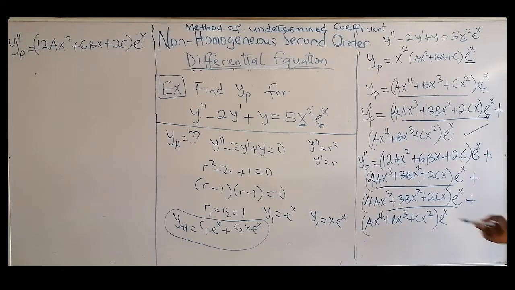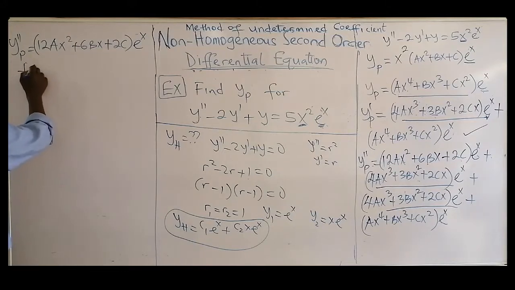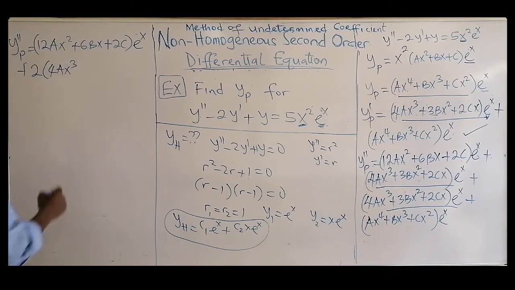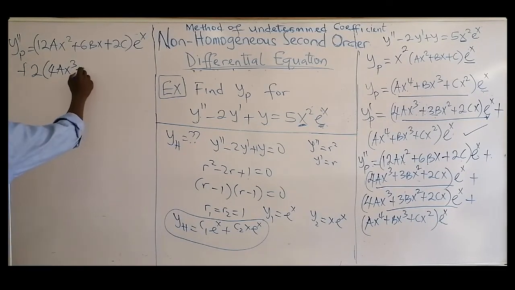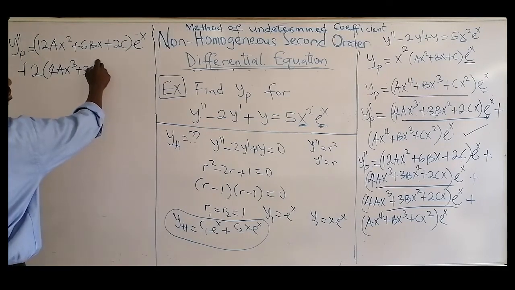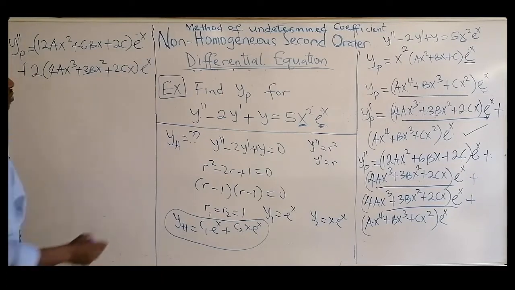So if you add these two together, then you have 2 of that, plus 2 of 4ax³ plus 3bx² plus 2cx, eˣ. We have that for the second differential.